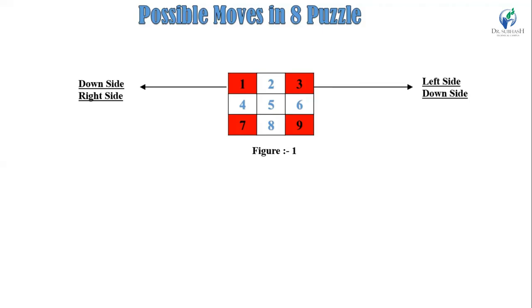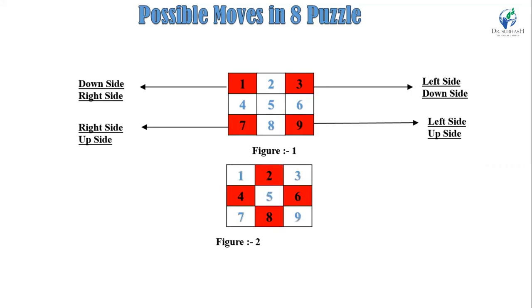If 3 is our empty space, it can move only left side or downside. If 7 is the empty space, it can move right side or upside. If 9 is our empty space, it can move only left side or upside. So here we find only 2 legal moves for these 4 empty spaces.